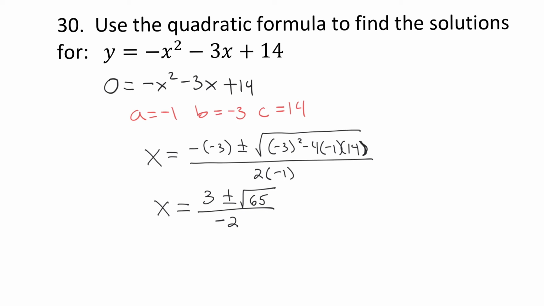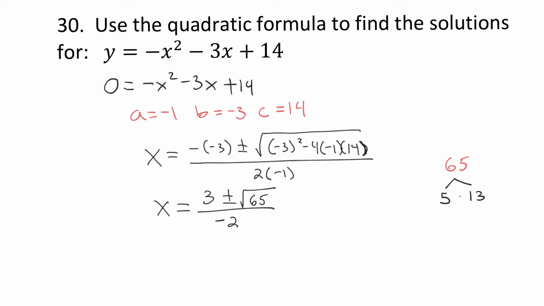So here, this 65 is not a perfect square number. So we actually need to find out if we can factor that 65 or if we can break it down and make pairs. What I'm trying to check is if I can simplify this radical. So I'm going to do that on the side. I'm going to have a 65 here, and I'm going to break it down. So I know that 5 goes into 65 because it has a 5 at the end. So 5 times 13 is 65.